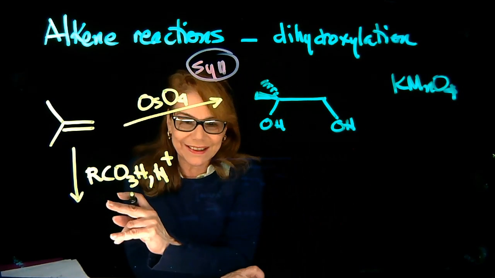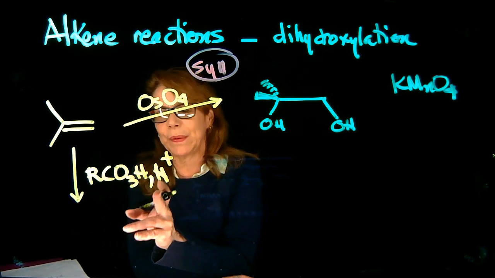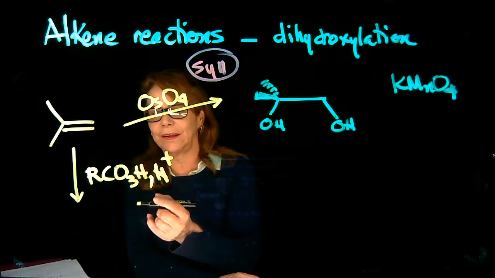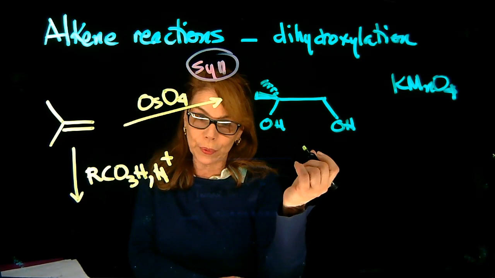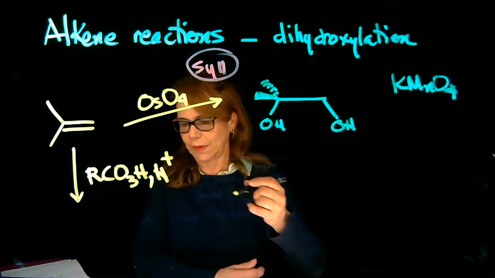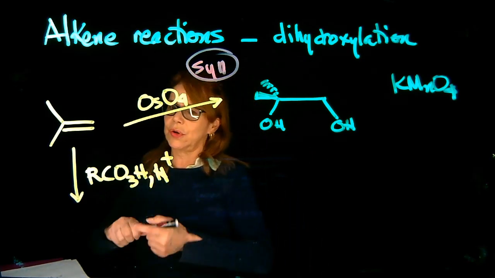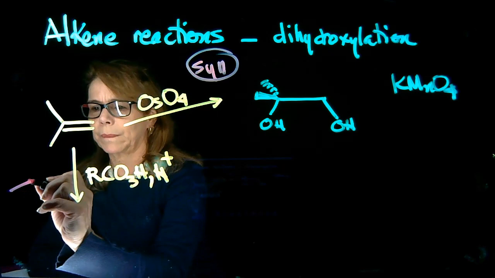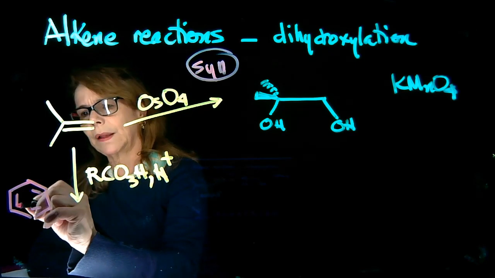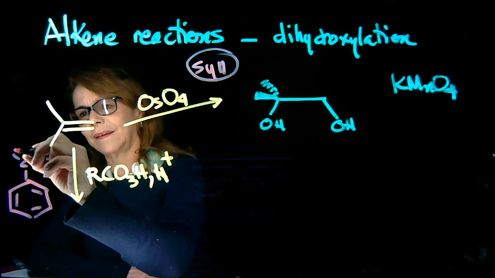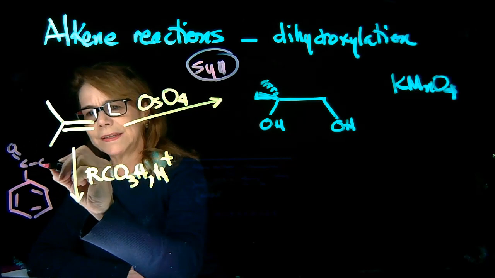More interesting, I think, is what happens when we use peroxy acid. And here we use very frequently metachloroperbenzoic acid. I'm going to draw that structure. Say that benzoic acid is this, right?